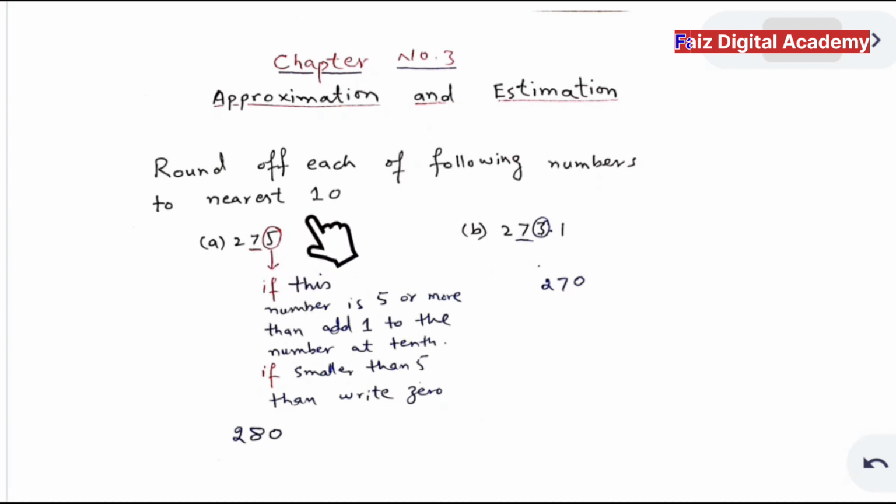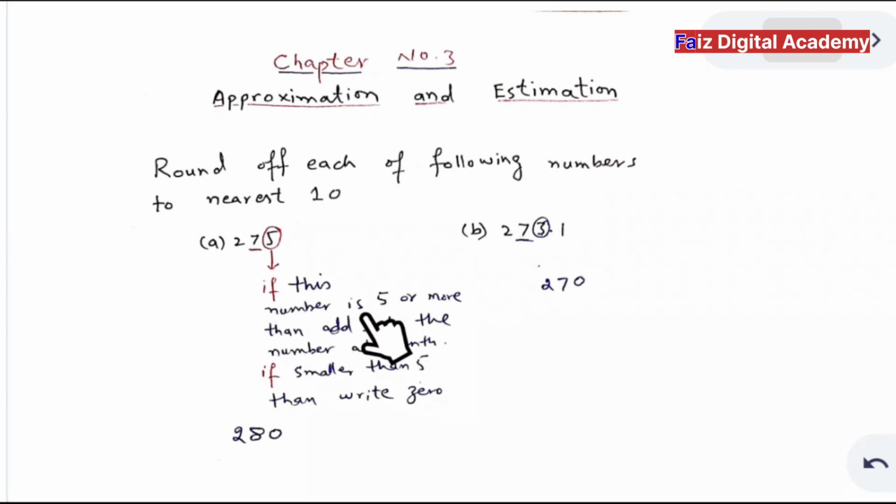First of all, we will underline the number at the 10th position, that is 7. The 5 is the unit and 7 is at the 10th place. So we will underline the number at the 10th level and circle the number next to it.